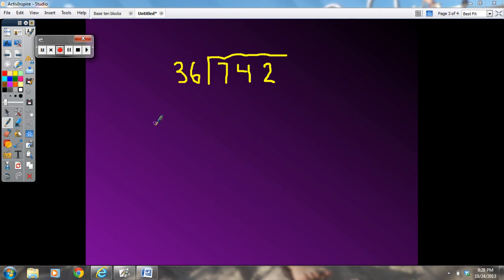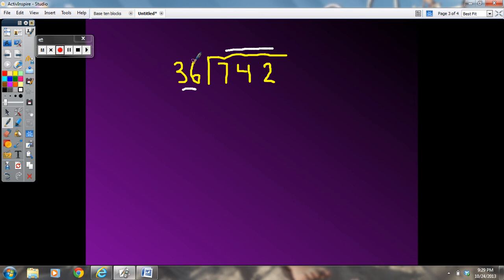Here's another example. We have 742 divided by 36, and we're going to use partial quotients to solve this problem. Now again, what I want you to do is visualize 742 ones blocks, and we're making groups of 36, and we need to figure out how many groups of 36 we could actually make from the 742 ones blocks.